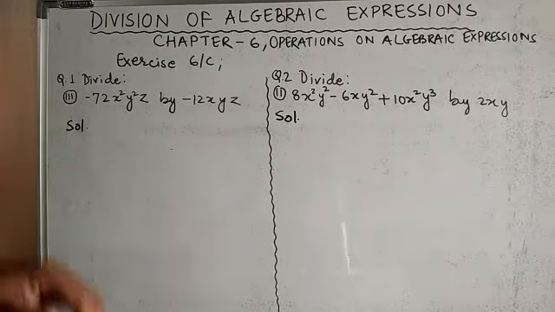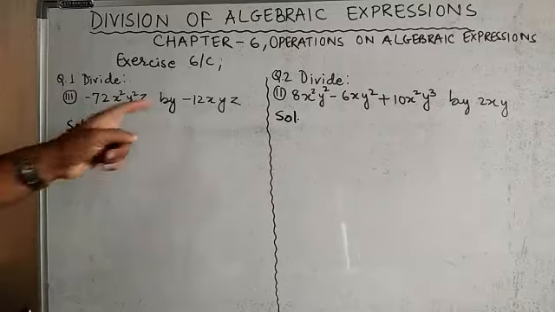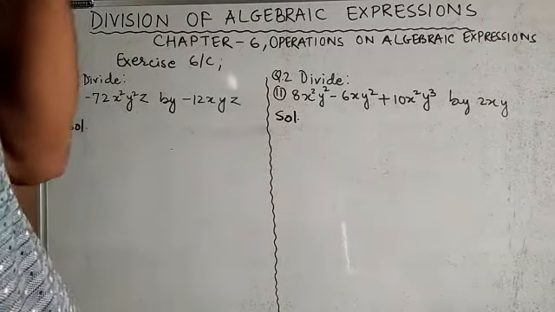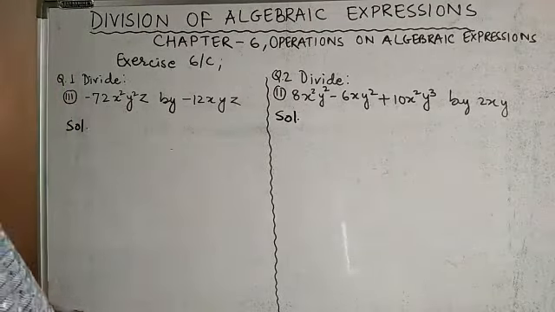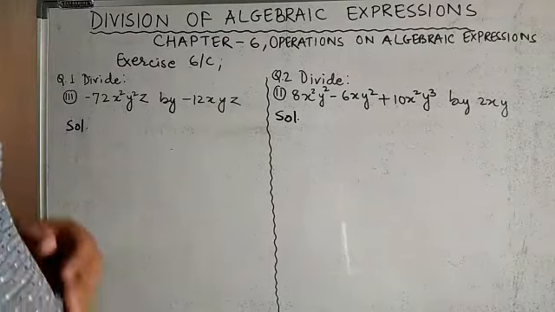In question number 1 we have to divide monomials by monomials. In question number 2 we have to divide polynomials by monomials.